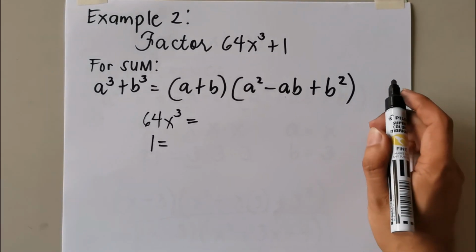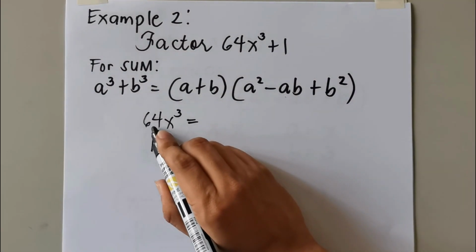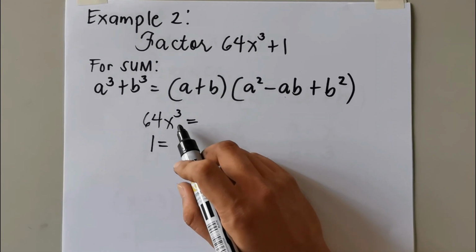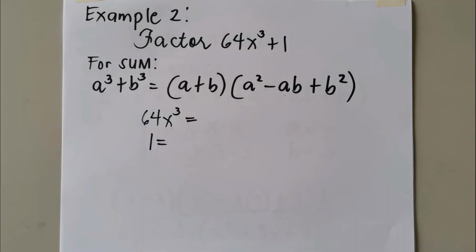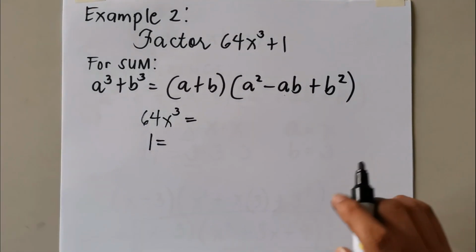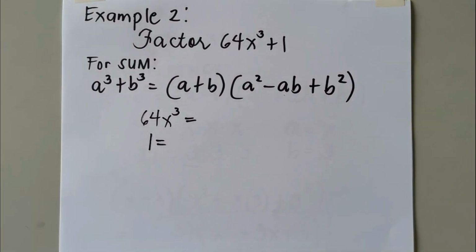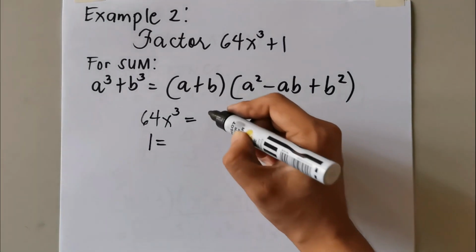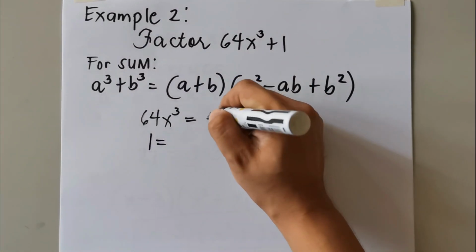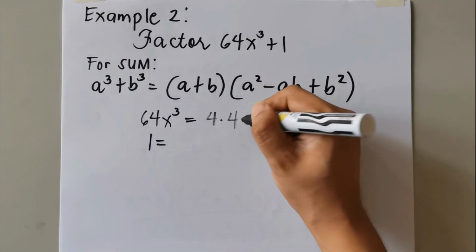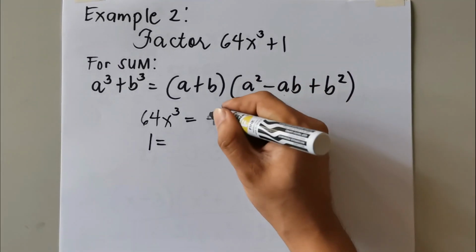So we will have to get the cube root of 64 first before identifying the cube root of x cubed. So what number that is when multiplied to itself 3 times will give 64? Again, this has been given earlier, and that's 4 times 4 times 4.